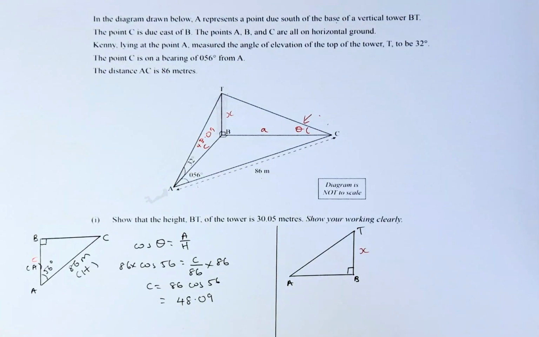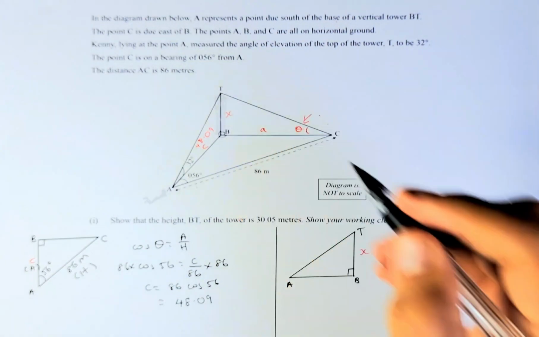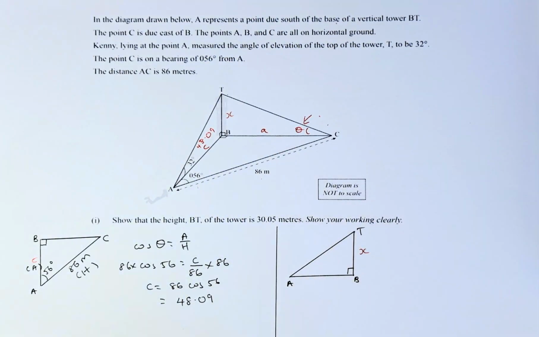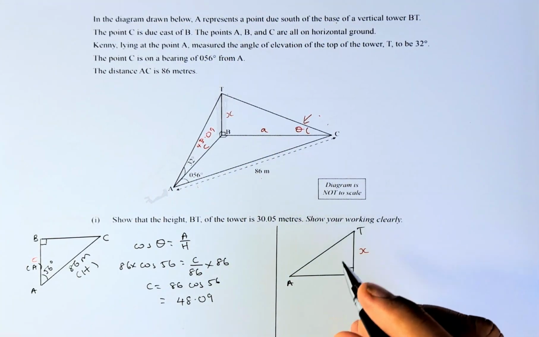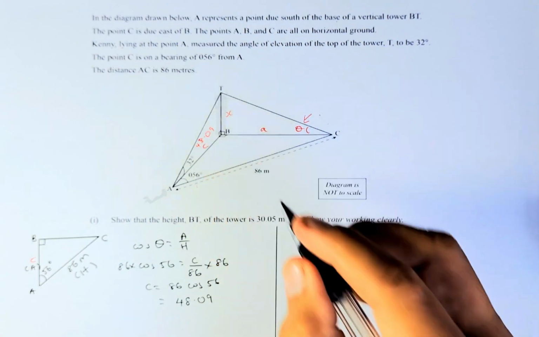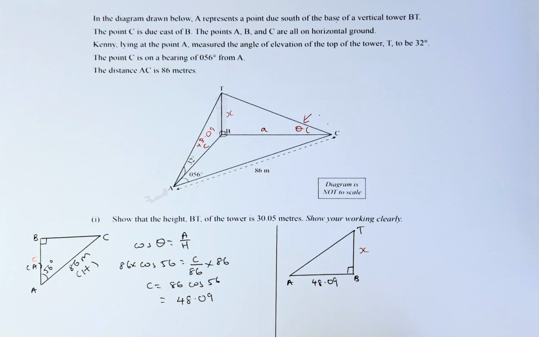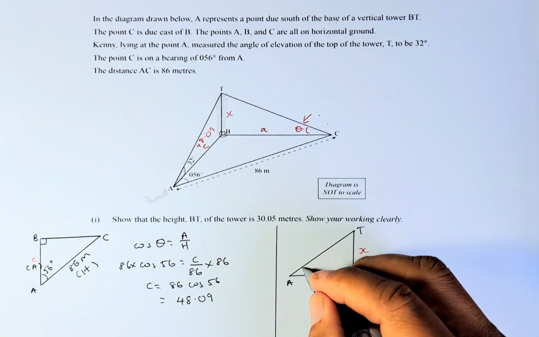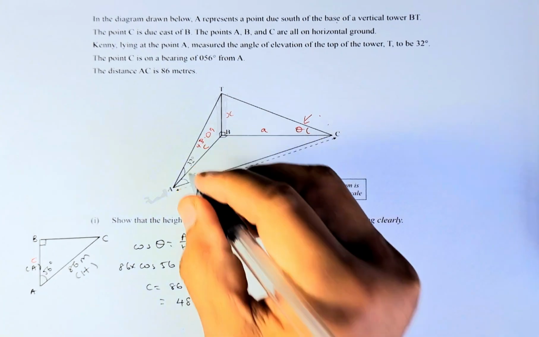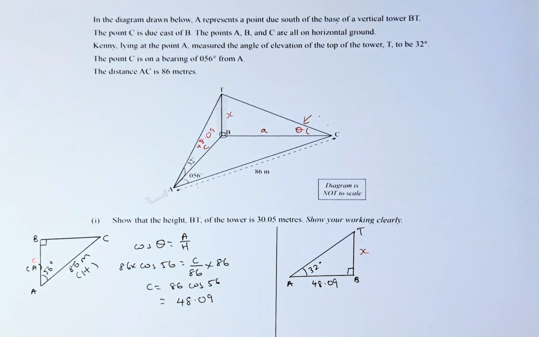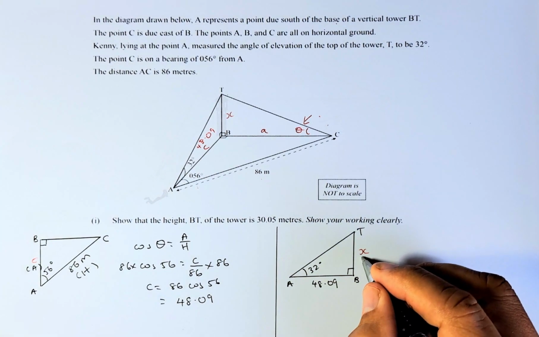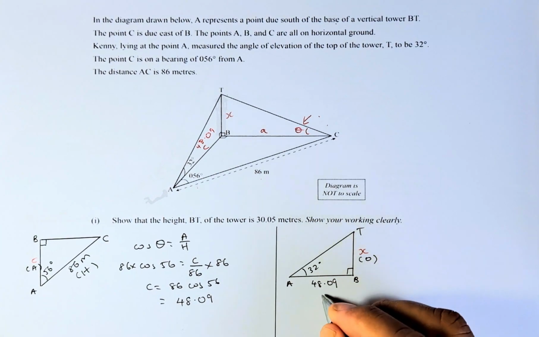Once we find C, we can now find X. So we go to the second triangle. X is here, and we know that AB, or the length C, is 48.09. The angle here is 32 degrees. To find X is very simple. You need to label the sides: this is opposite, and that is adjacent.